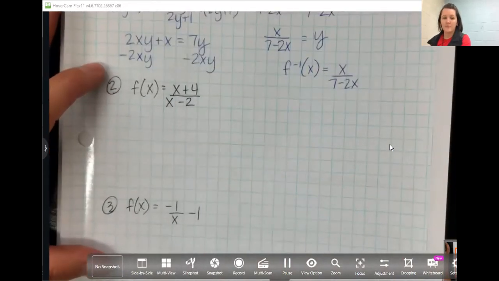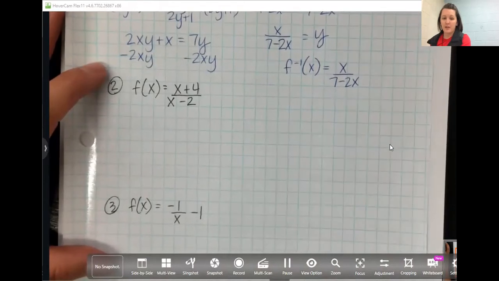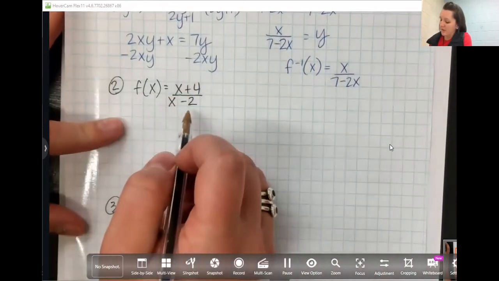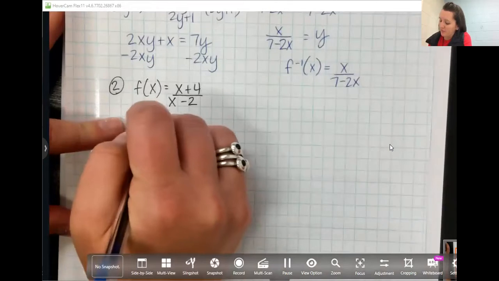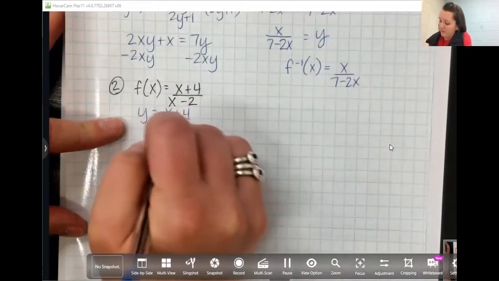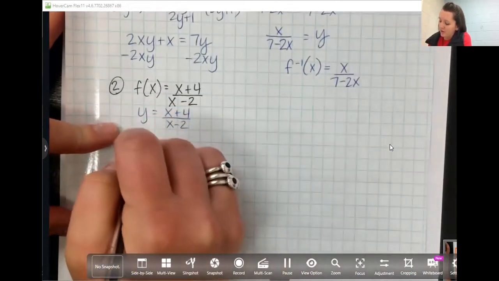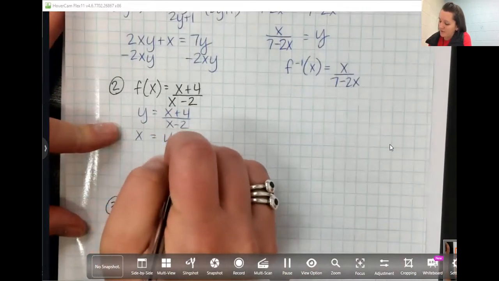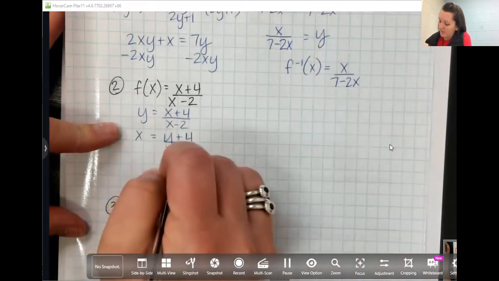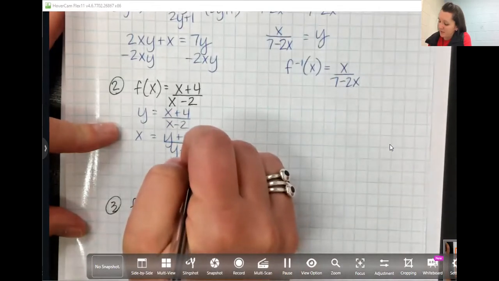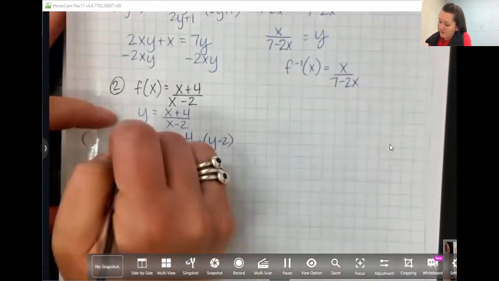All right, here's another one. F of x equals x plus 4 divided by x minus 2. So we're going to replace it with y, equals x plus 4 divided by x minus 2. Then switch out our x's and our y's: x equals y plus 4 divided by y minus 2. Same thing, I'm going to get rid of my denominator, y minus 2.